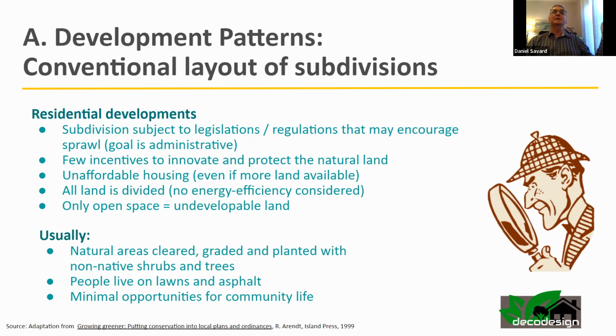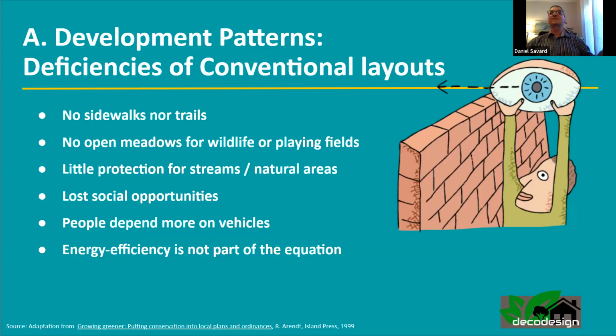So what are the deficiencies really with conventional layout? Research has shown again that there are no sidewalks nor trails, no open meadows for wildlife or playing fields, and little protection for streams or natural areas.